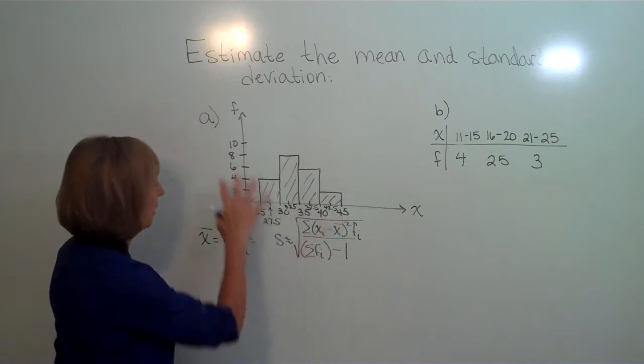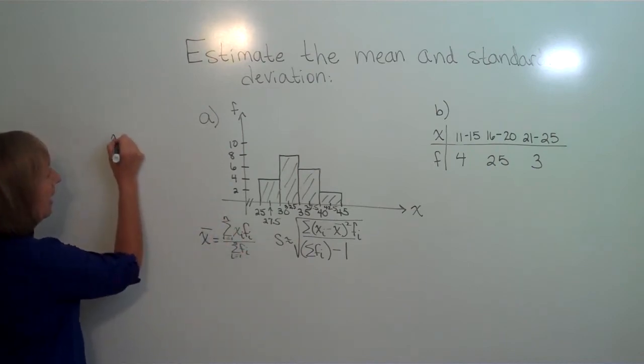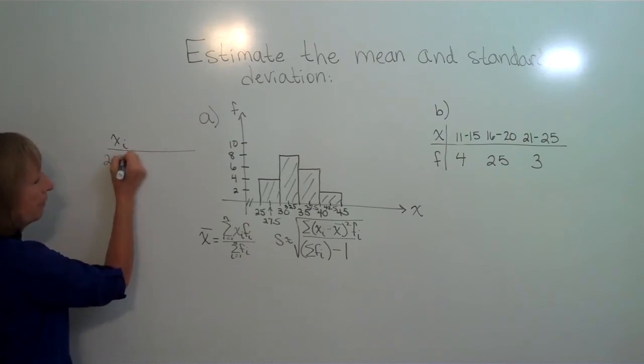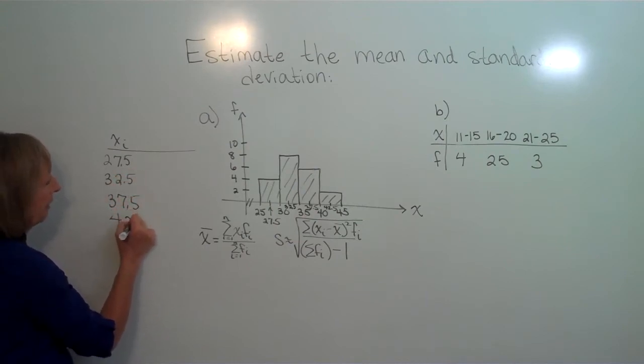So I'm going to start and put a table of values over here. My x sub i, the x values that I'm going to use for each class, are 27.5, 32.5, 37.5, and 42.5.